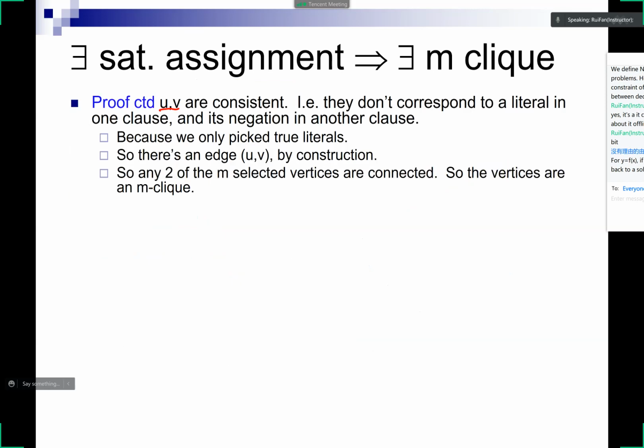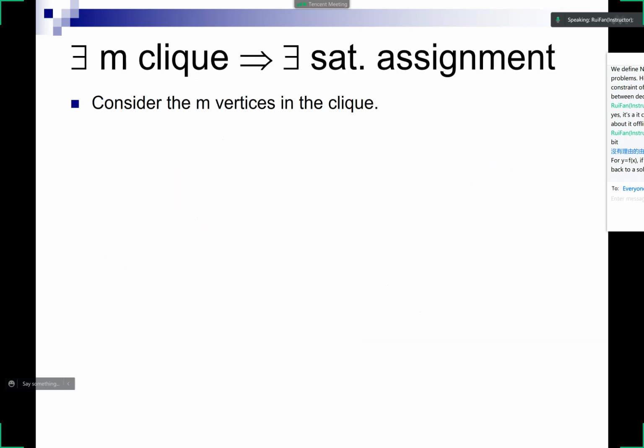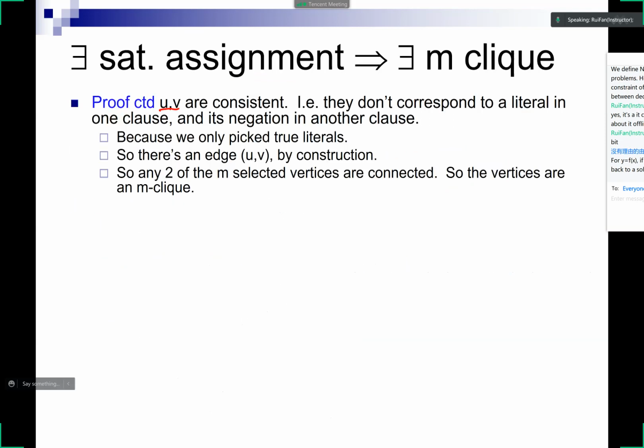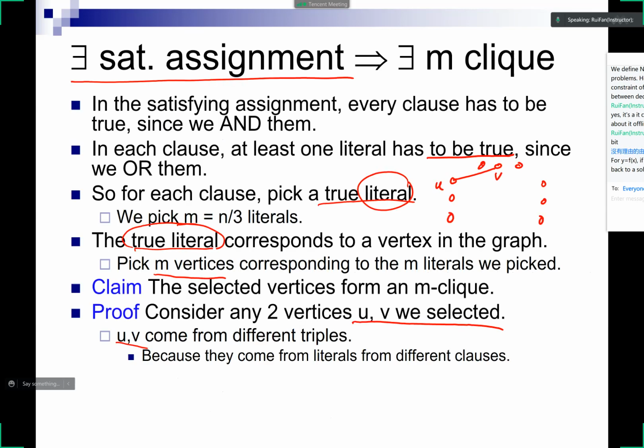So this shows that for any two vertices that you picked, those two vertices are connected to each other. And because we picked M vertices in total, any pair of these M vertices is connected to each other, and this shows that these M vertices form an M clique.